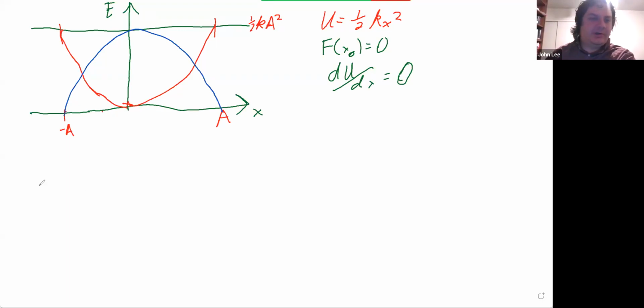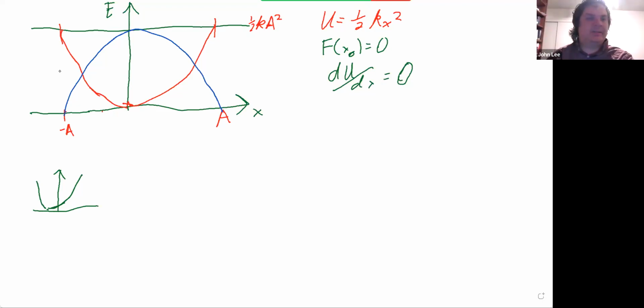And then you can have stable or unstable equilibriums, where a stable equilibrium would look like our U here, where you have potential energy U versus X. Okay, this is getting really annoying.